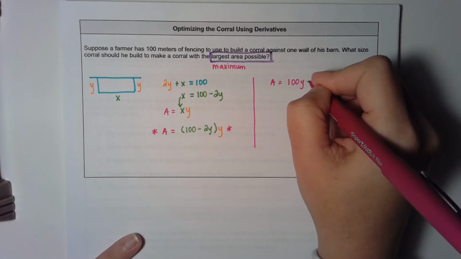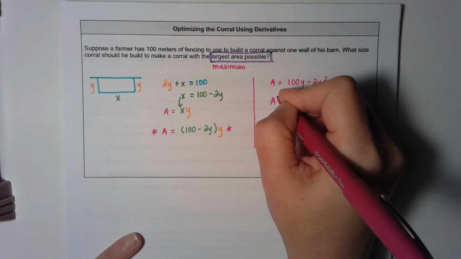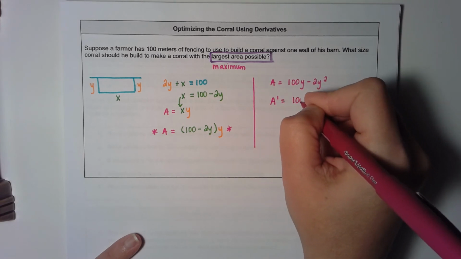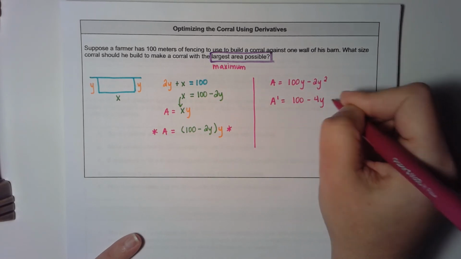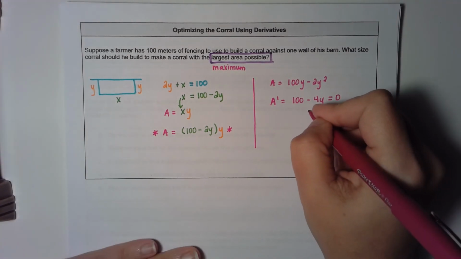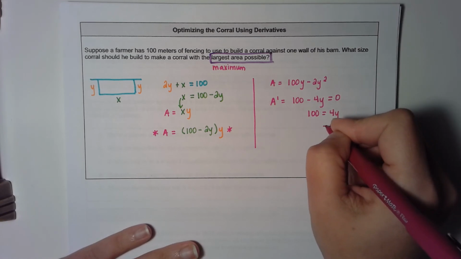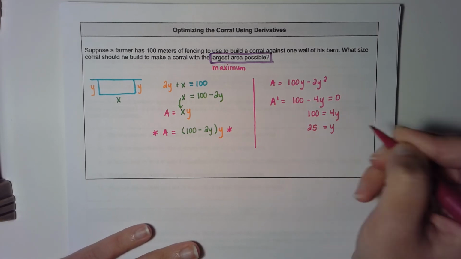So I would have 100y minus 2y squared. Now, the derivative would be 100 minus 4y, and we're going to make that equal to 0 to find the maximum value, which means 100 is equal to 4y, which means y is equal to 25.